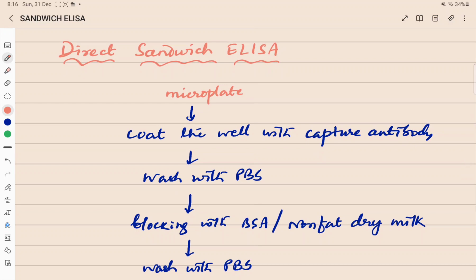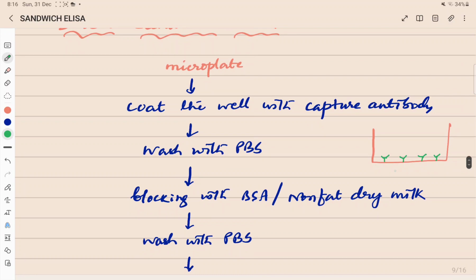The microtiter plate or microplate is first coated with a capture antibody. Suppose this is the microtiter plate well. First we coat with the capture antibody, then wash with PBS buffer, so the unbound capture antibody will be removed. Then we will add blocking agents like BSA.